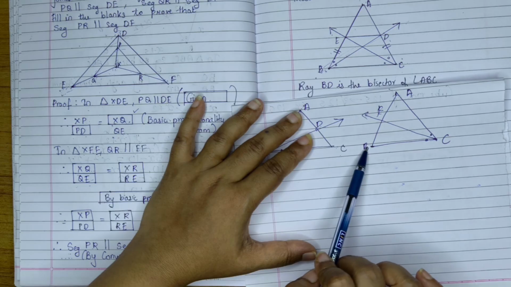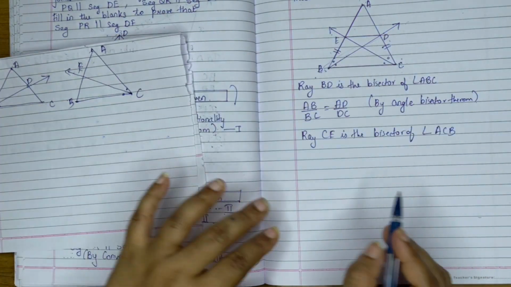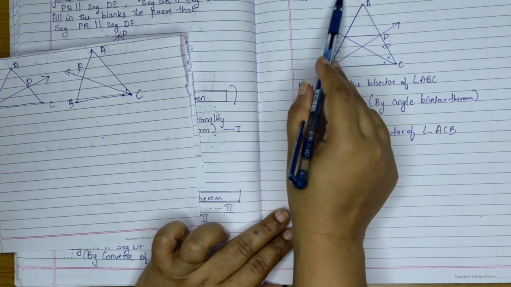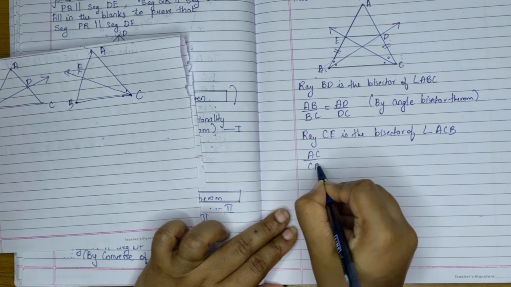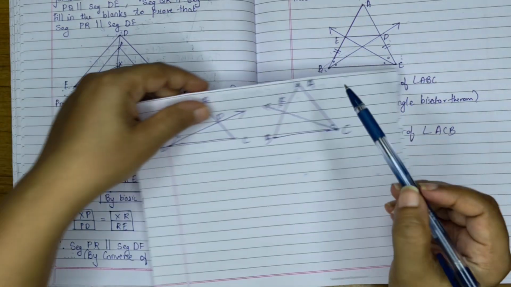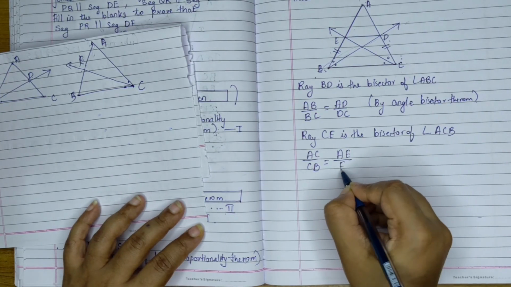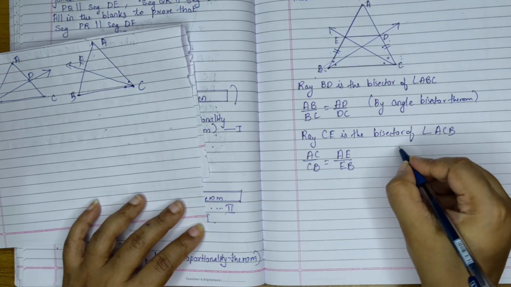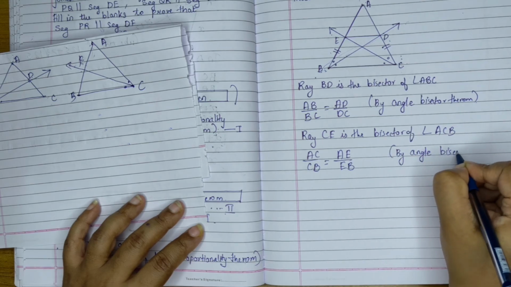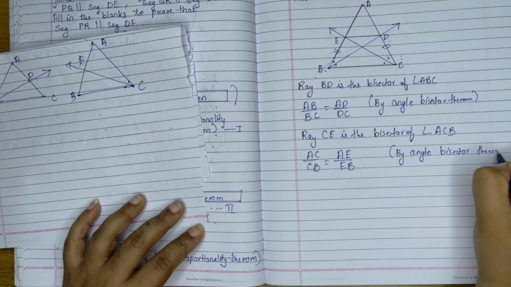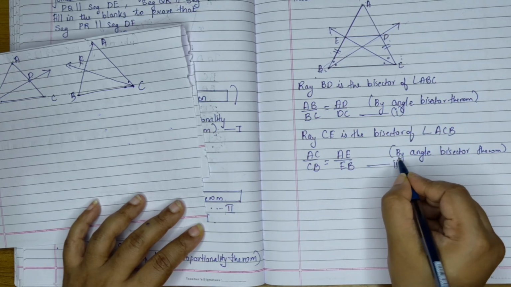AC upon CB is equal to AE upon EB. Here also we write by the angle bisector theorem. Suppose this is your first one and this is the second one.